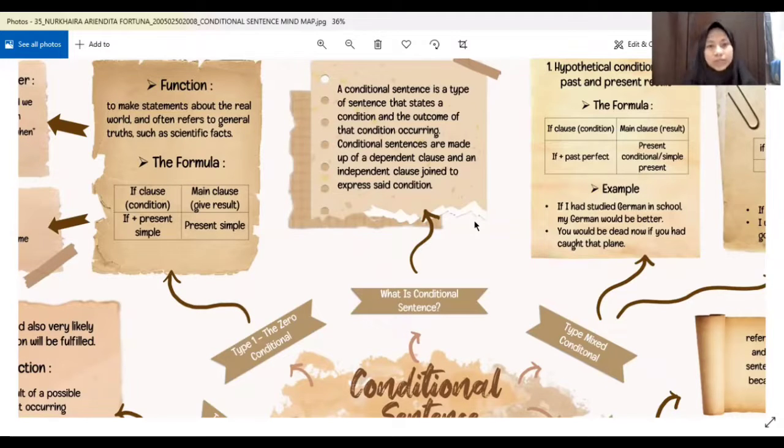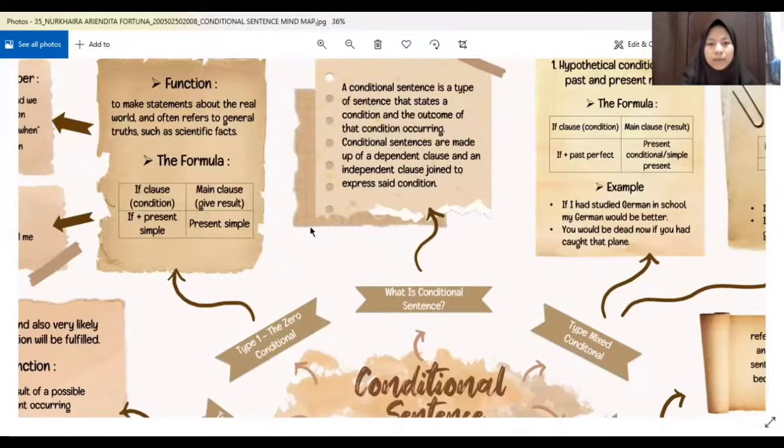Basically, a conditional sentence consists of one independent clause and one dependent clause, which explains the situation and expresses the condition, and there will be a result of the condition, whether it is possible to happen or not possible to happen.